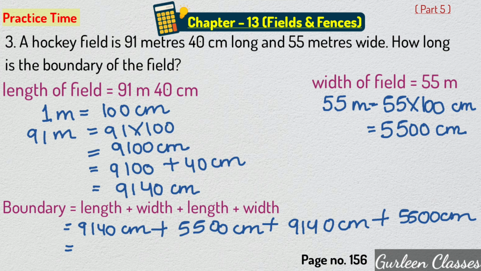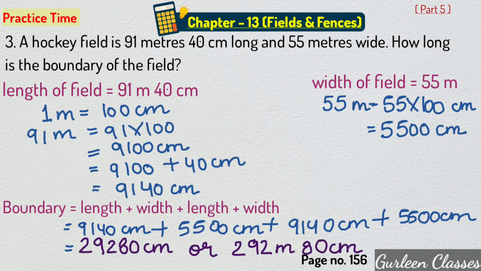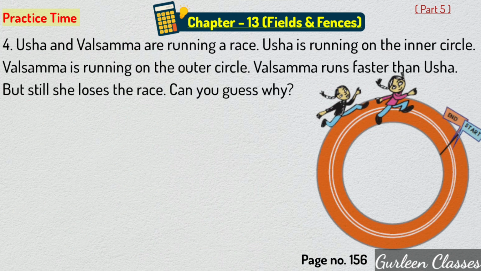If you add these sides, it is 39,280 centimeter or 292 meter and 80 centimeter. So students, instead of adding, you can also use the formula of perimeter of rectangle, that is 2 bracket length plus breadth.